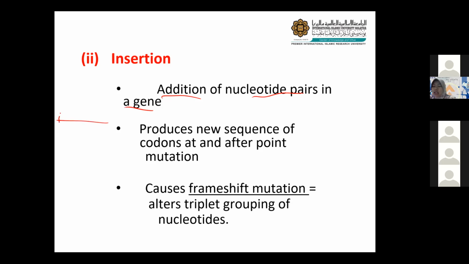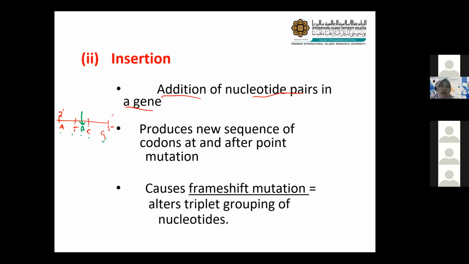For example, let's say the sequence is ATCG, right? So there is an additional nucleotide added in between T and C. For example, A. So what happened now? Your sequence changed into ATACG.